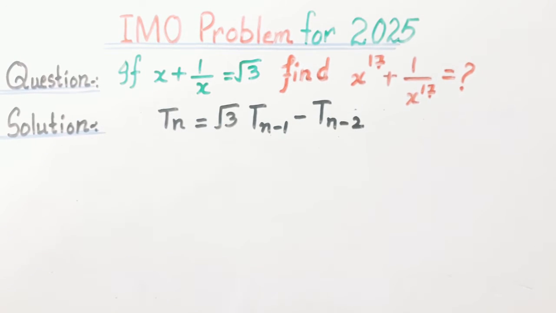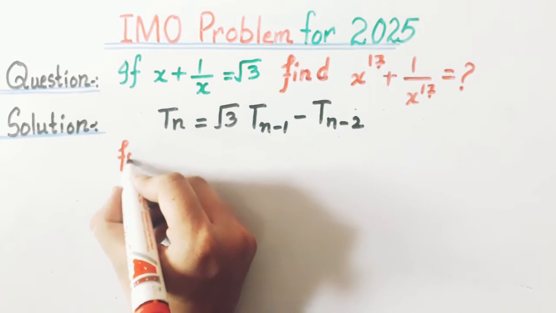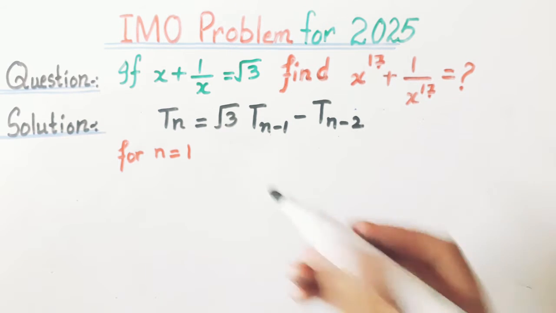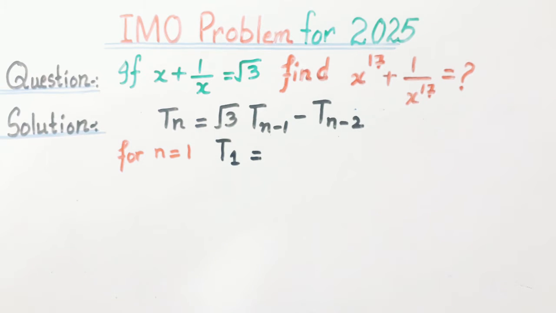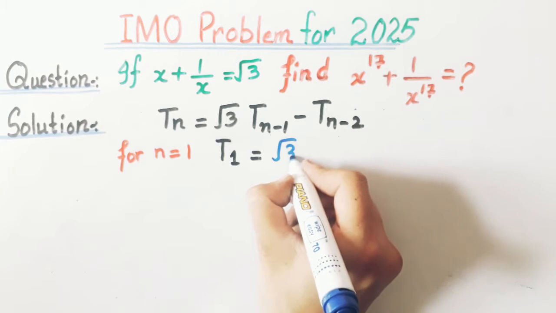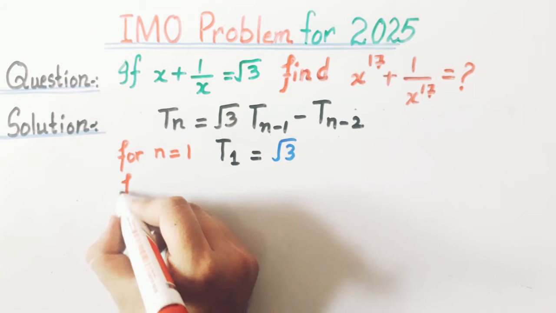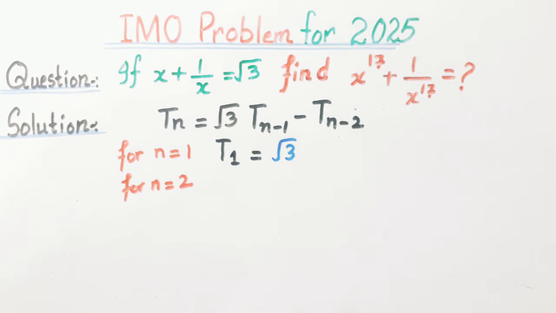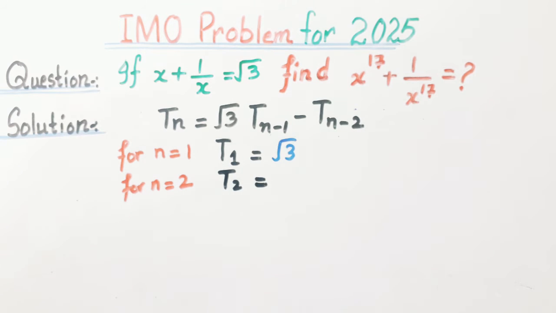Now we will calculate different values. First of all, for n is equal to 1, we get T1, that is equal to square root 3. Now for n is equal to 2, we will get the value of T2, that was equal to 1.